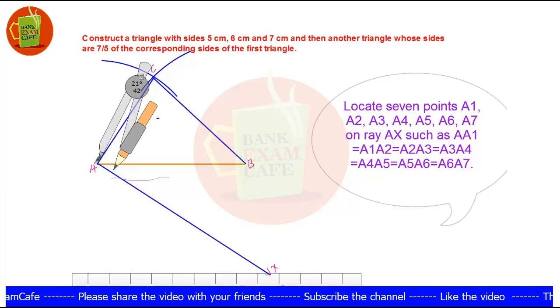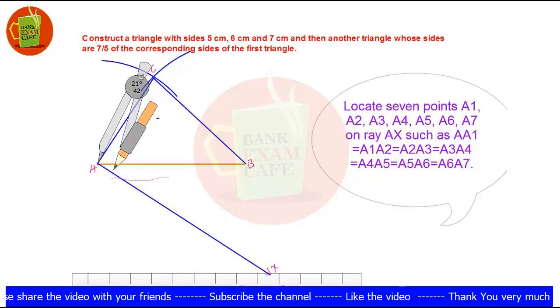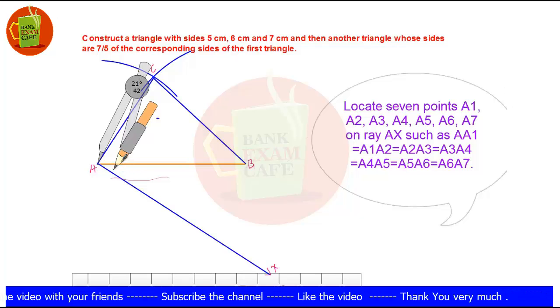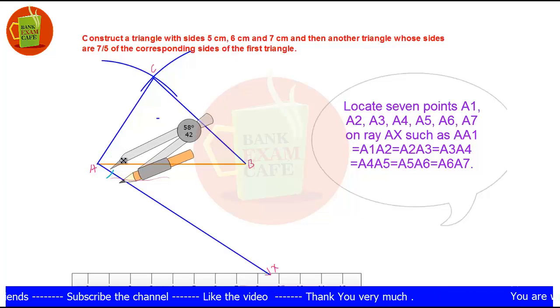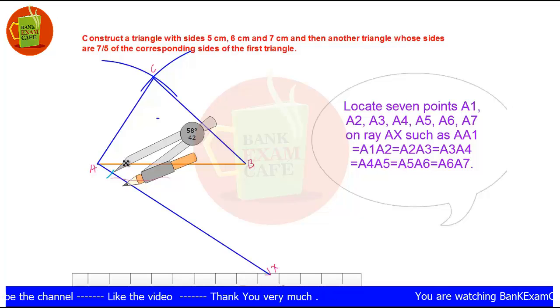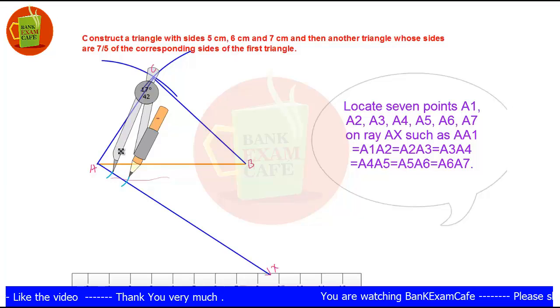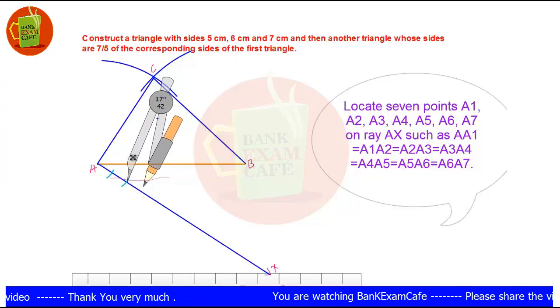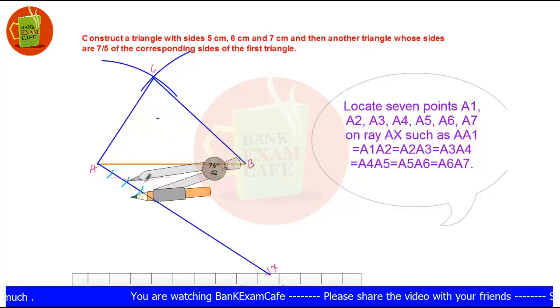Now take A as the center and any suitable radius, draw an arc, then this point of intersection will be A1, then taking A1 as the center, draw another arc, this will be A2, then taking A2 as a center, draw the third arc.